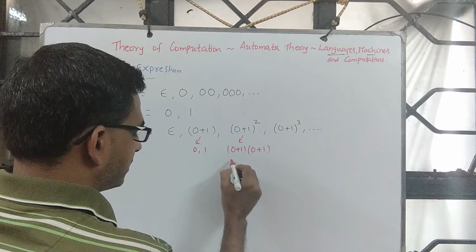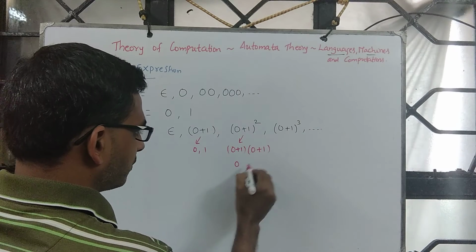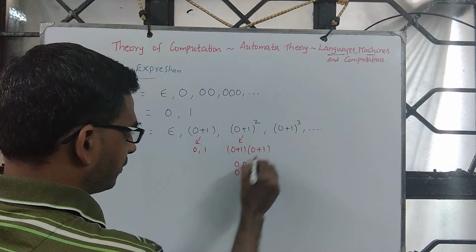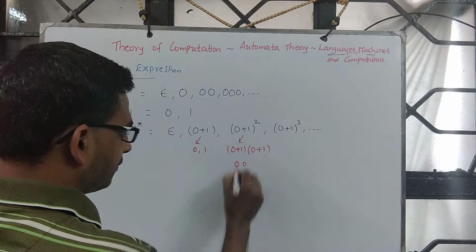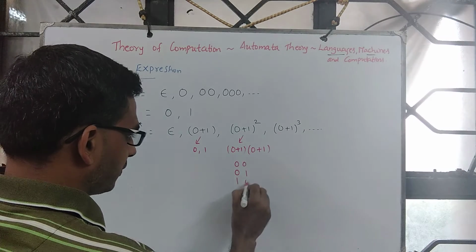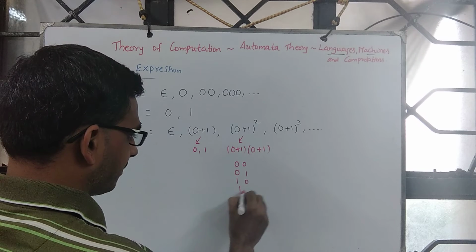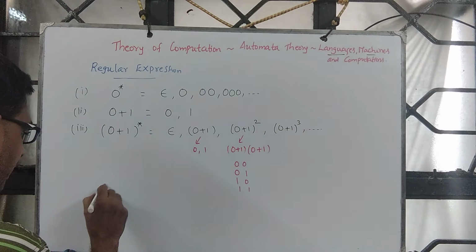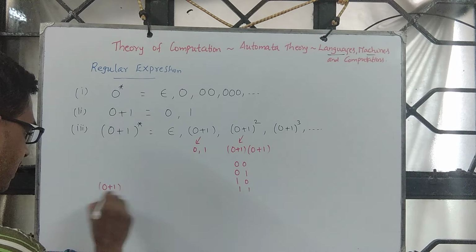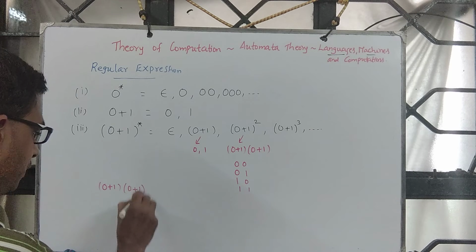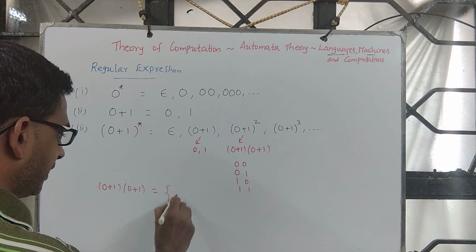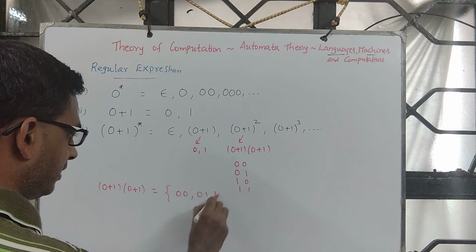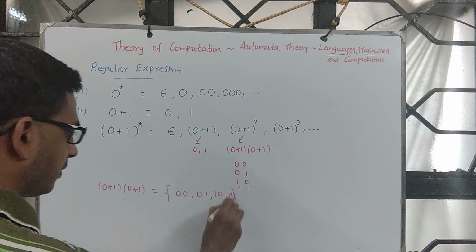Now from this I can take 0, from this I can take 0, or from this 0, from this 1, from this 1, from this 0, 1 and 1. So when we say 0 plus 1 times 0 plus 1, then you can get 0 0, 0 1, 1 0, 1 1.